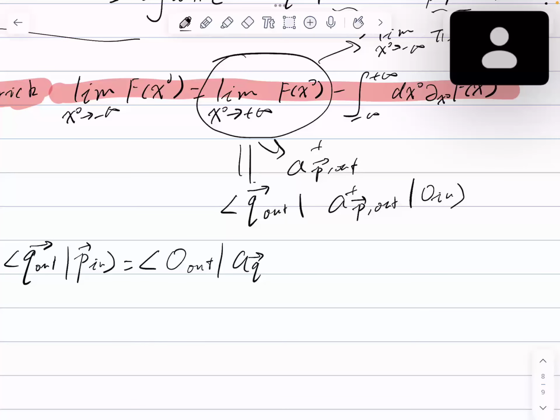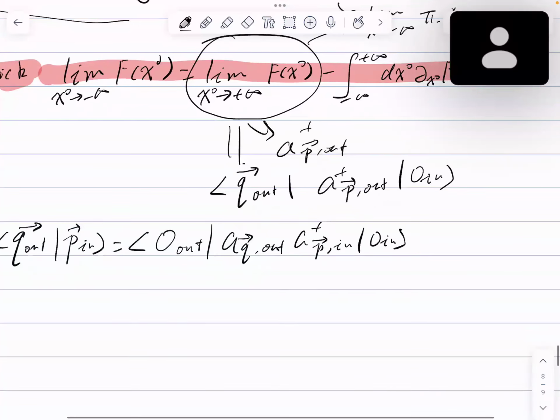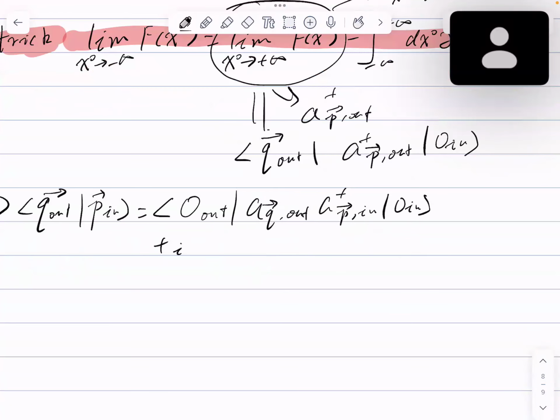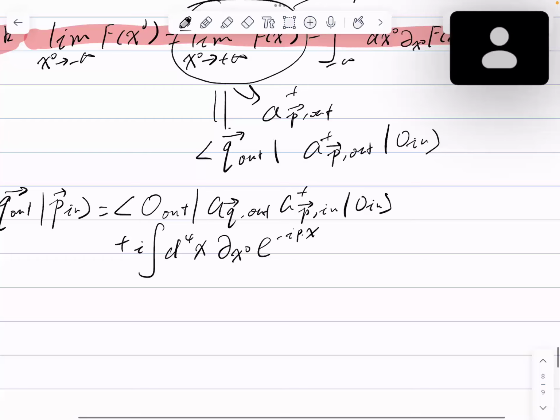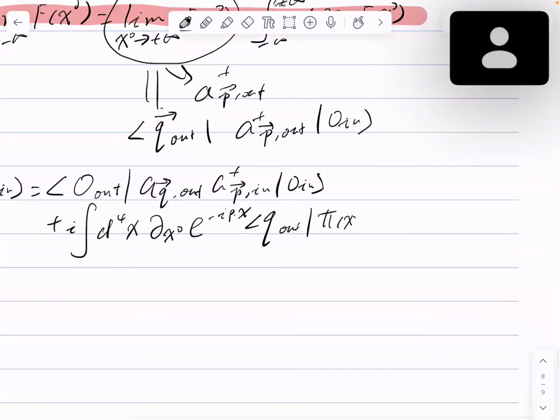a Q out dagger P in 0 in, plus i integral d4x partial x0 e to the minus iPx, Q out pi x plus i E_P phi x, 0 in.